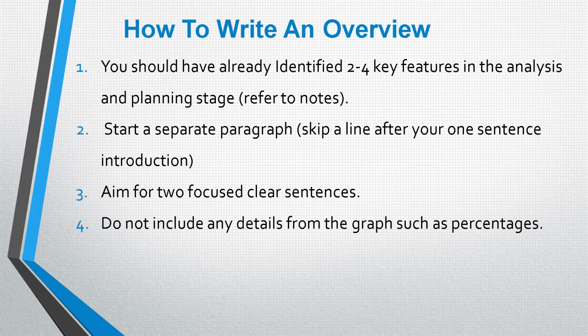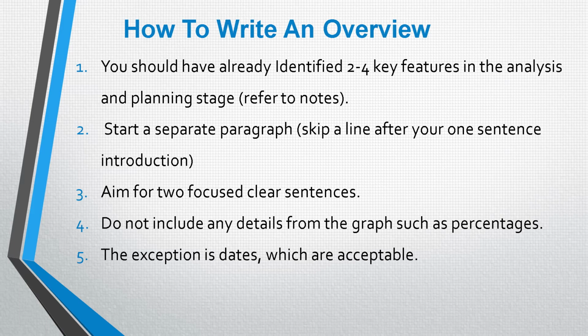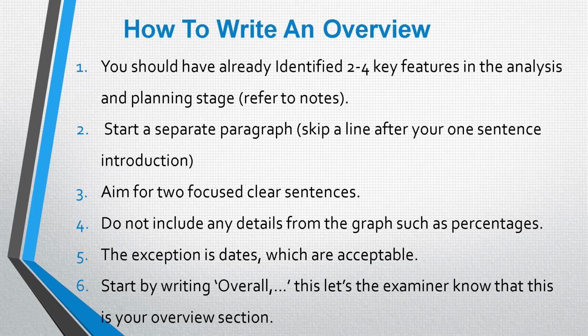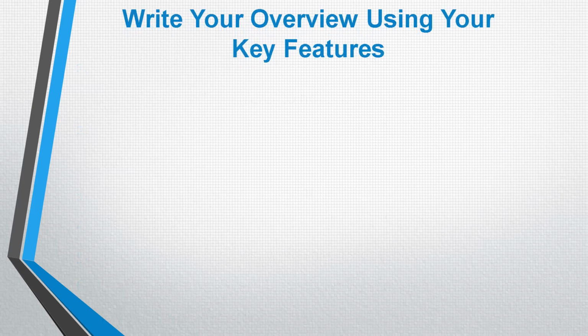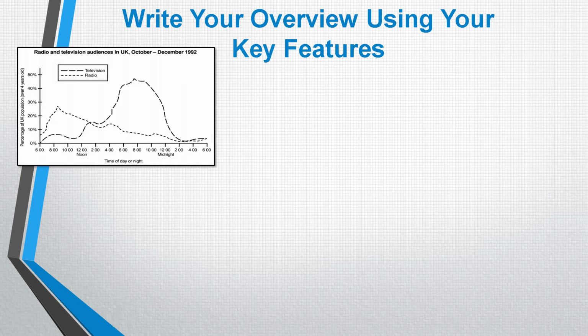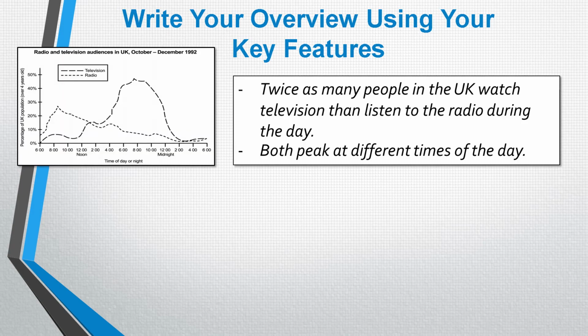You're going to start this paragraph by writing overall. This lets the examiner know that this is your overview section and that you are covering that specific part of the band criteria. At this point in the writing process, you have already analysed the question and made a note of the key features in bullet point form.